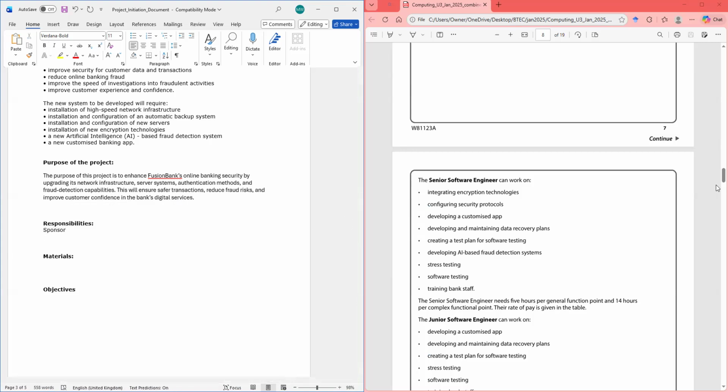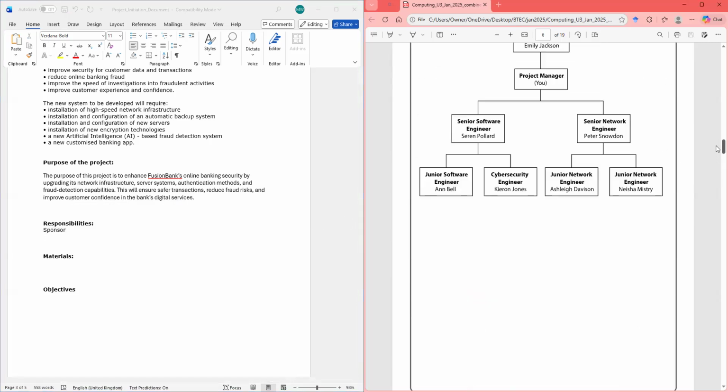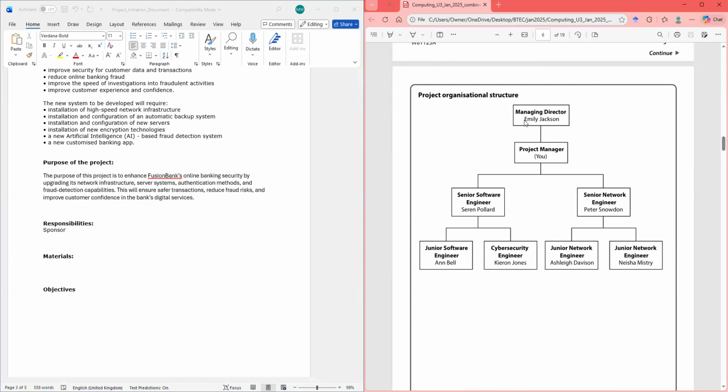The sponsor is Miss Emily Jackson, who is the managing director.